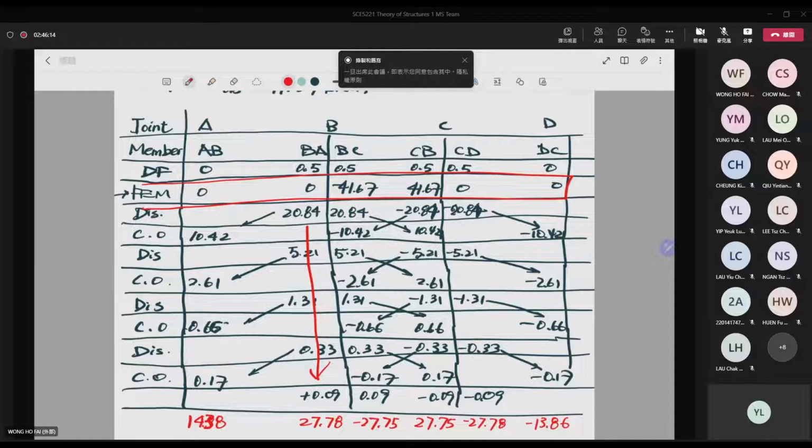Then 10.42 plus 2.61 plus 0.66 plus 0.17. This is 13.86. So you can find all the member end moments, okay?